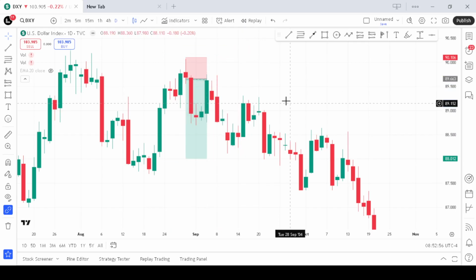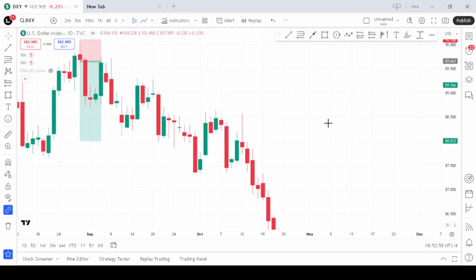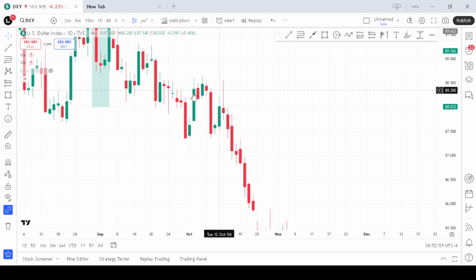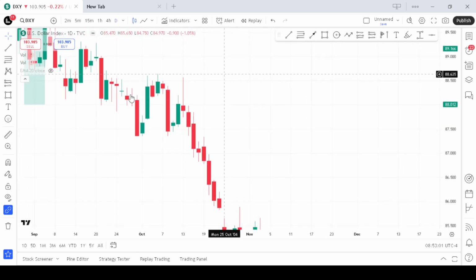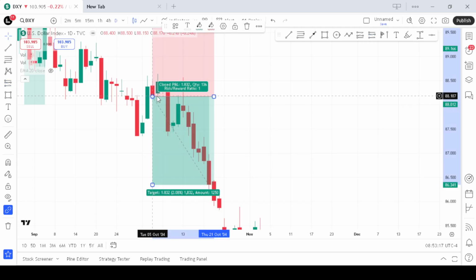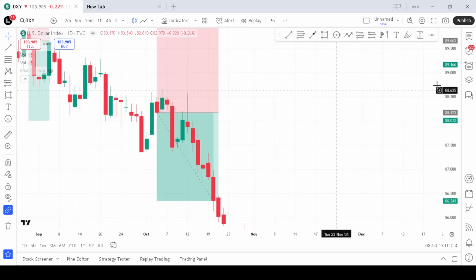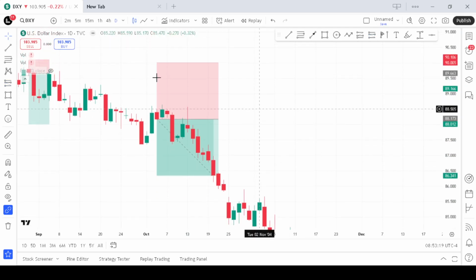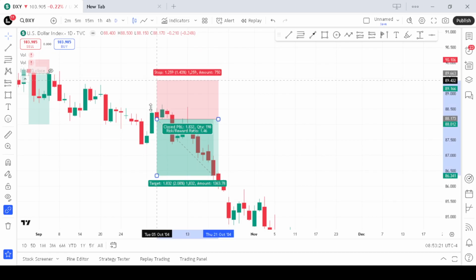We can also spot a failed pattern. If we look at this, we can see this was almost a descending hawk, where we had a bullish candle and a bearish candle that opened above the bullish candle and closed within the body of the first candle. If we decided to take this trade at this area, we would have been in profit.